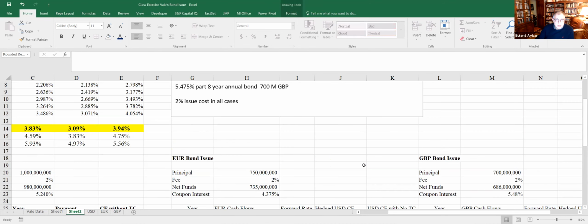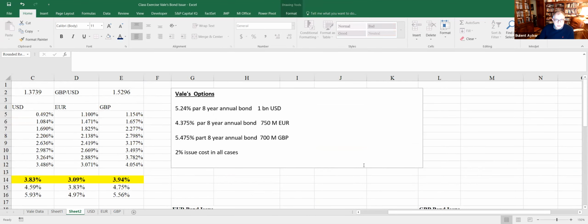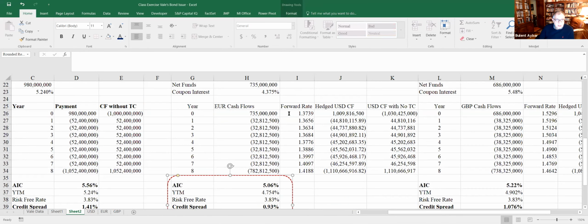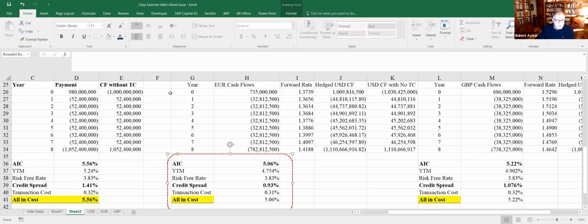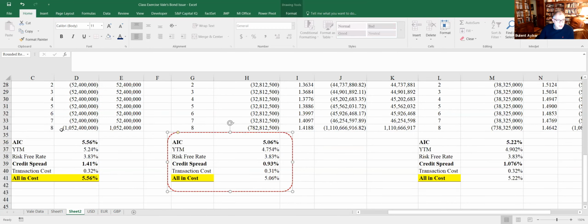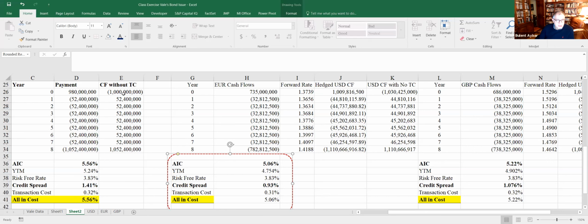So a few maybe important issues that we should emphasize here. One is maybe a computational clarification. All-in cost of a bond is the internal rate of return of a bond when we also consider the transaction cost.